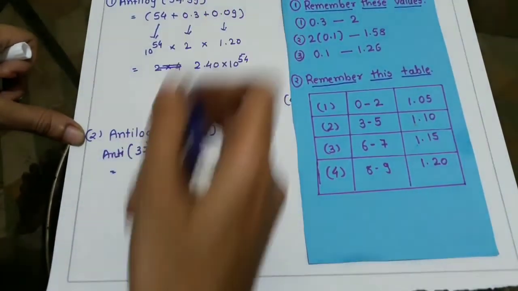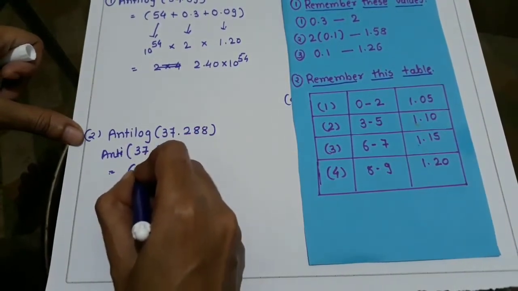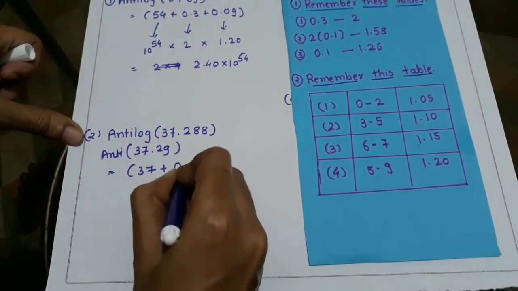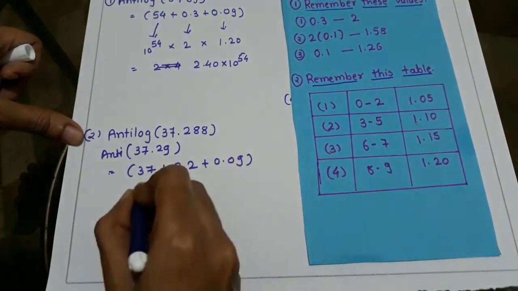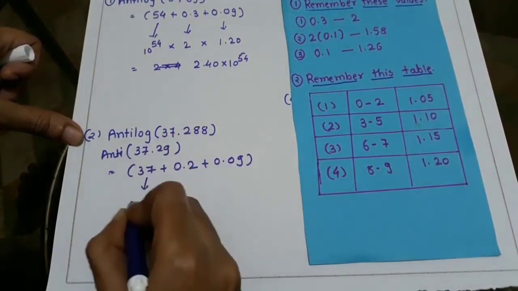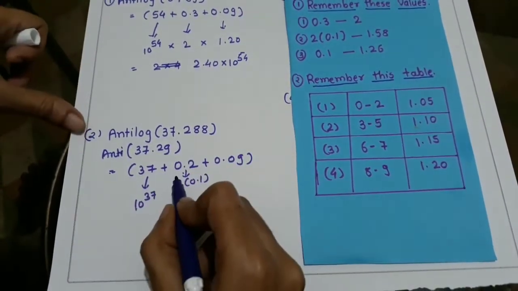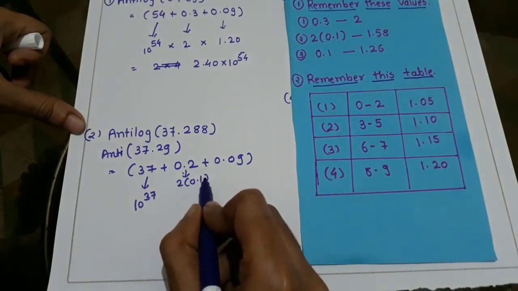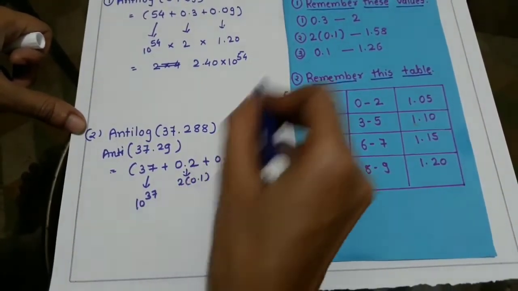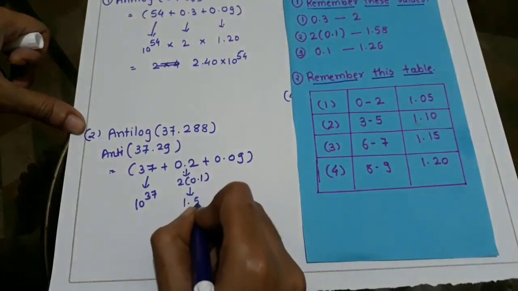Now the same method: we split up this number, 37 plus 0.2 plus 0.09. As I told you, we take 37 as 10 to the power 37. Instead of 0.2 I write 2 into 0.1, and the value of 2 into 0.1 is 1.58, so we write 1.58 here.